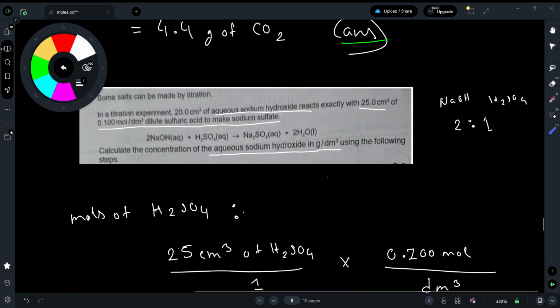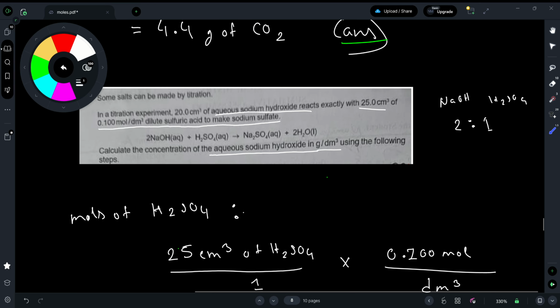Okay, and we can further simplify this fraction. We can make this a round figure. So we had 0.2 grams of NaOH per 0.02 dm cube.